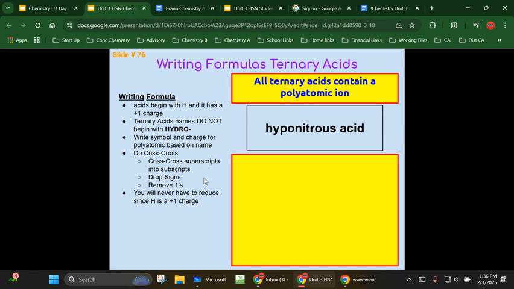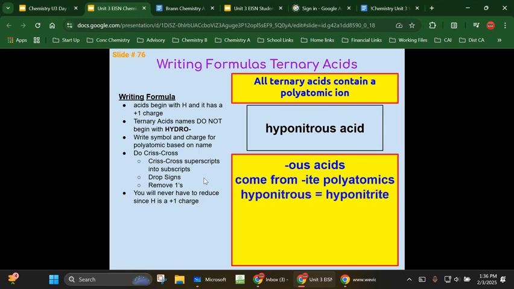Hyponitrous. Where does hyponitrous come from? Hyponitrite. ITEs. OUS acids still come from ITE.